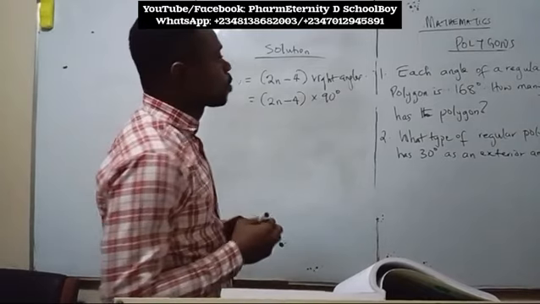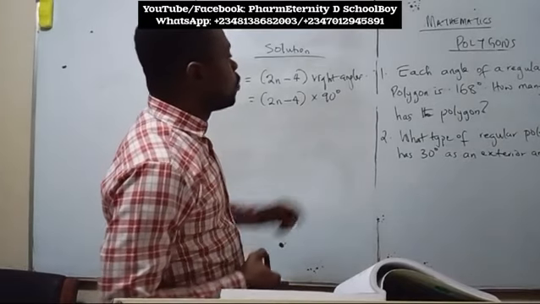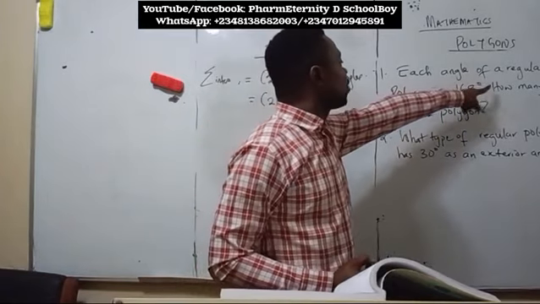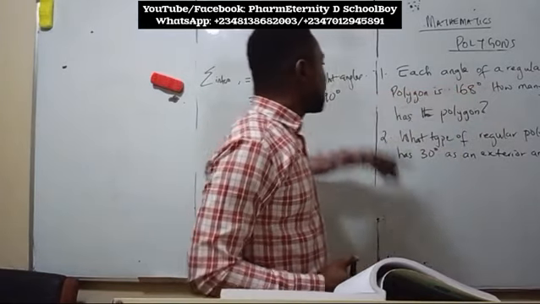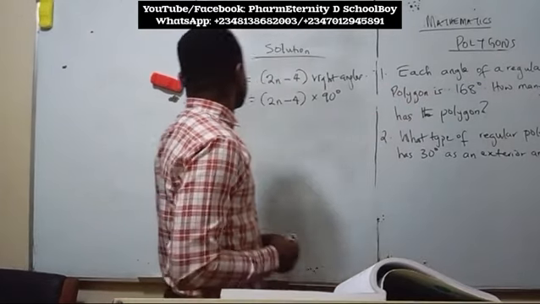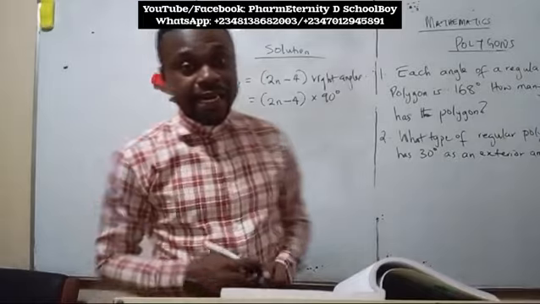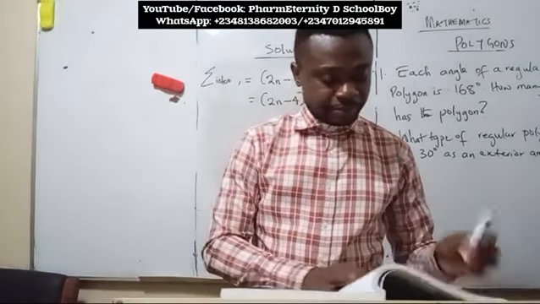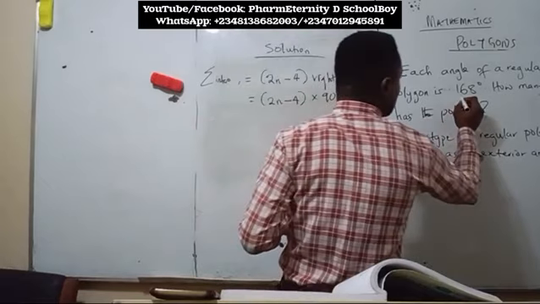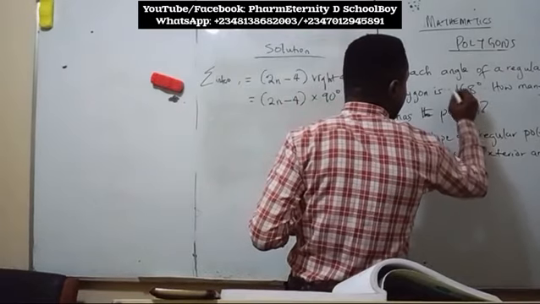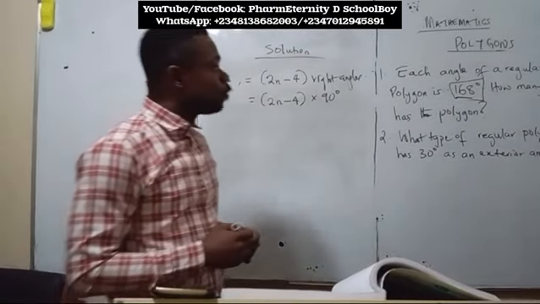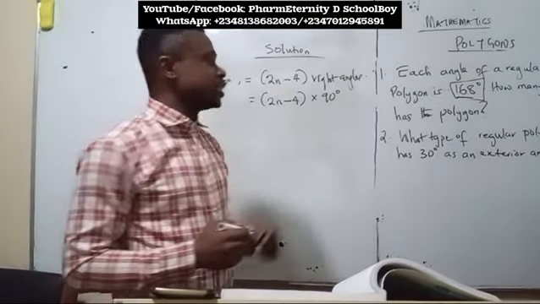Now, we are told that each angle of a regular polygon is 168. How many sides does it have? We have this 168 as one of the angles in question.